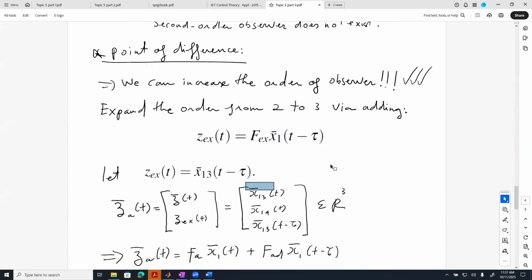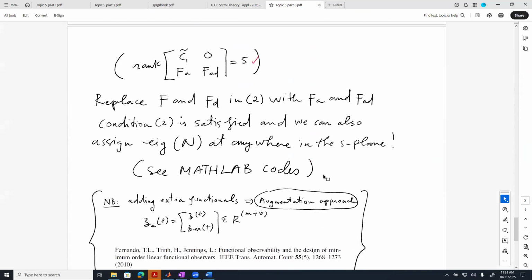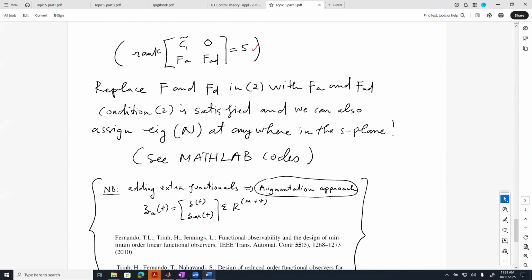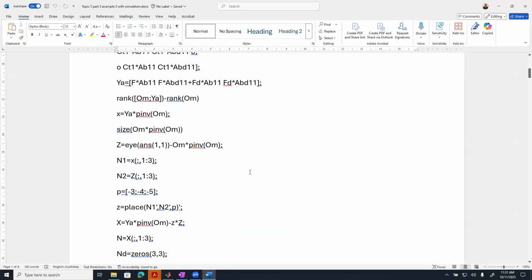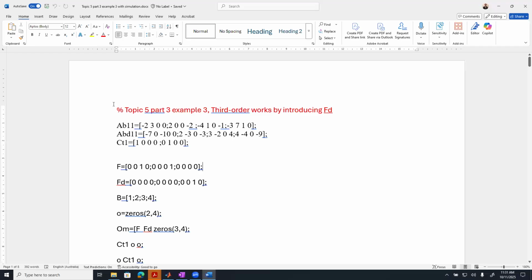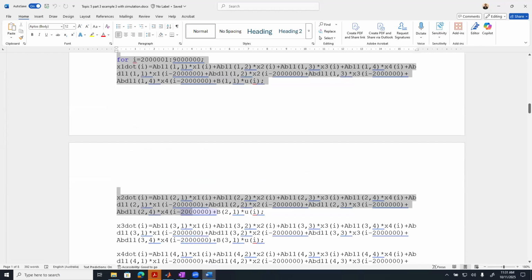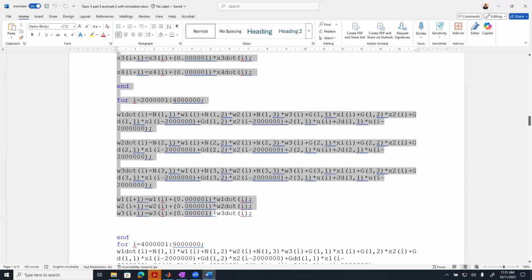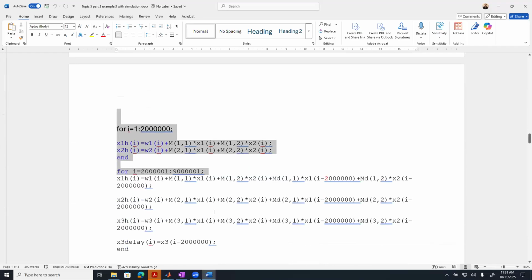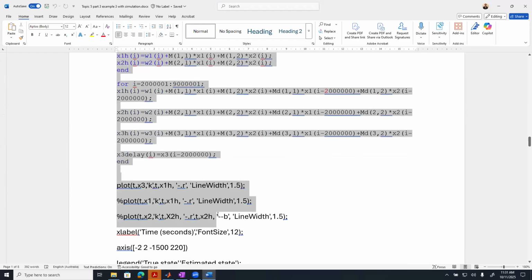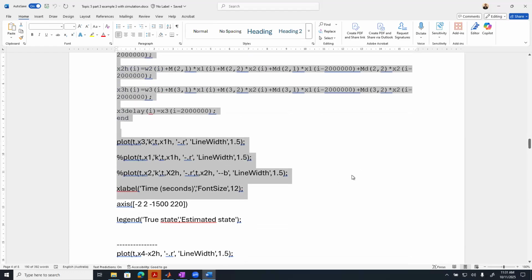Now, the simulation is as follows. So let's cut and paste the rest of these codings in there, and we're going to run the simulation, and we're going to show the simulation of the stack variable x3, which is called x bar 1 3, and its estimate.